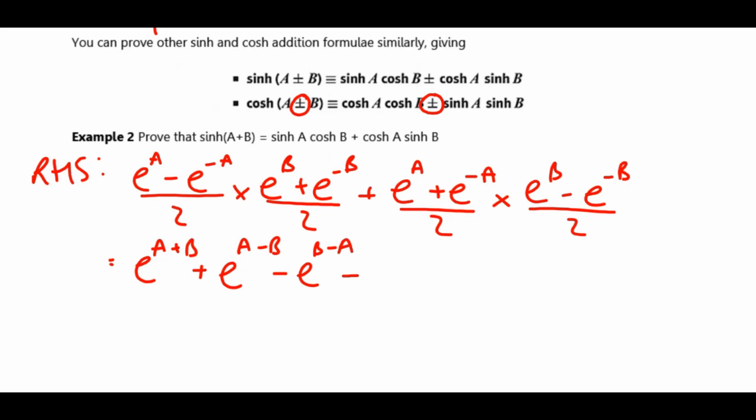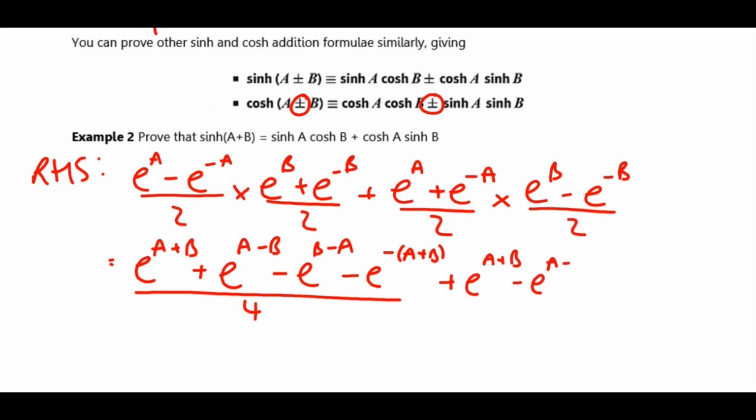And finally, minus e to the minus A plus B. This is all over 2 times 2, which is 4. Doing the same for the other pair, I'll get plus e to the A plus B, minus e to the A minus B, plus e to the B minus A, and then minus e to the minus A plus B from the last pair.